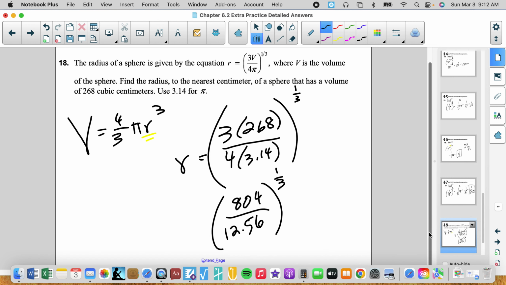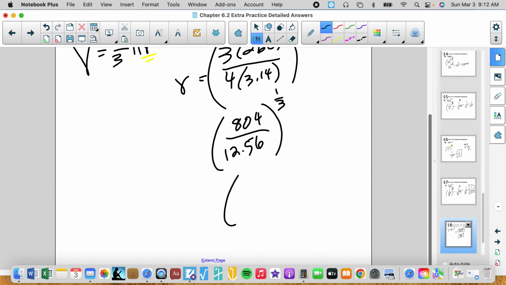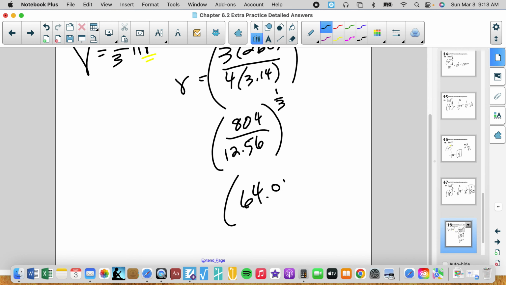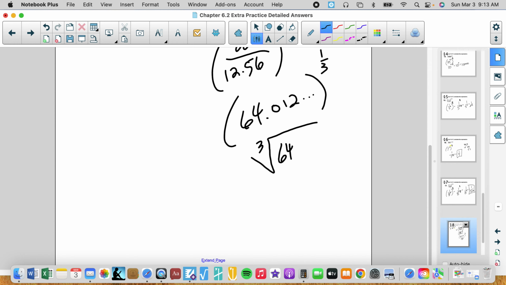So that gave me something like 64.01, blah, blah, blah, to the 1/3, which is the cube root of 64, which gives us approximately 4 centimeters.